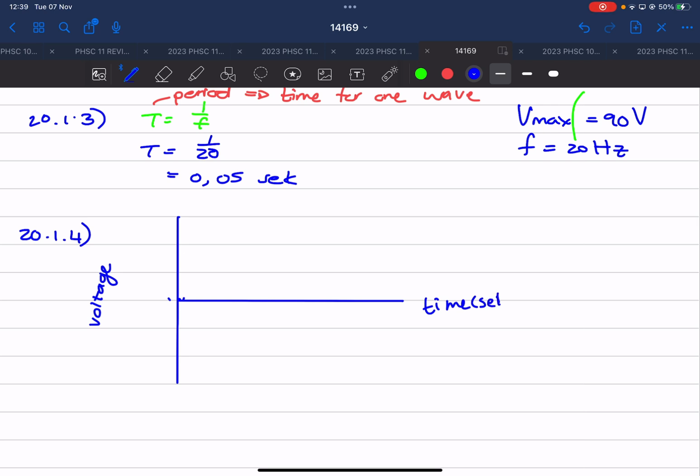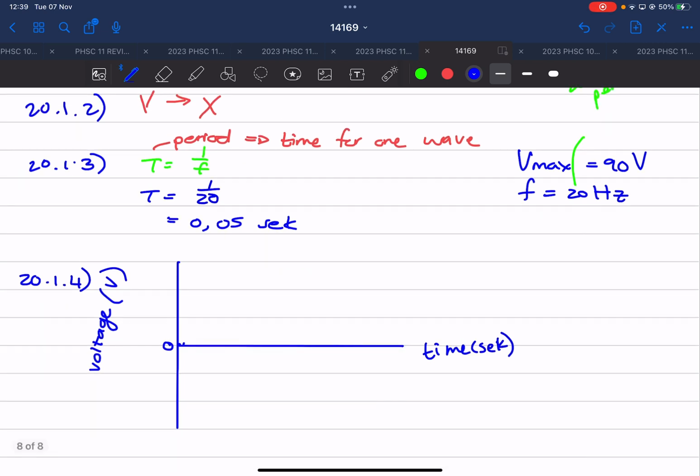Seconds. Voltage will be in volts. Dis Afrikaans, jy gaan skryf uitsetspanning, né? Teenoor tyd. Dit wat hulle vir jou gee. Uitsetspanning. Spanning is volts. Okay.